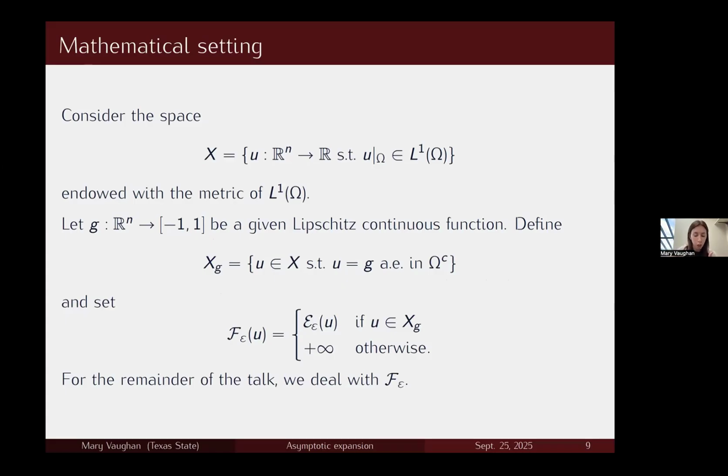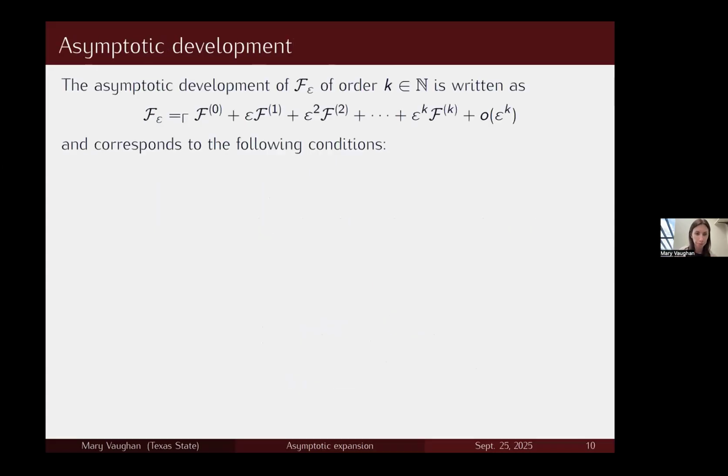So when I fix my boundary conditions, I need to fix them in the entire complement of my domain. And now the way we incorporate the boundary conditions is just by redefining our functional. I'll now, for the rest of the talk, just refer to F epsilon being our energy if you have the boundary conditions, and plus infinity otherwise. That's just how we incorporate the boundary conditions into the functional itself.